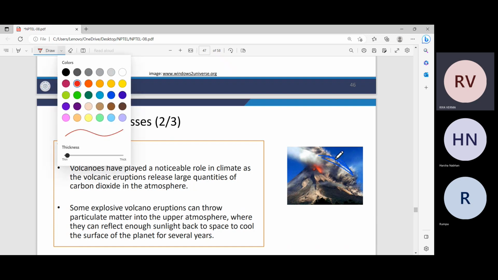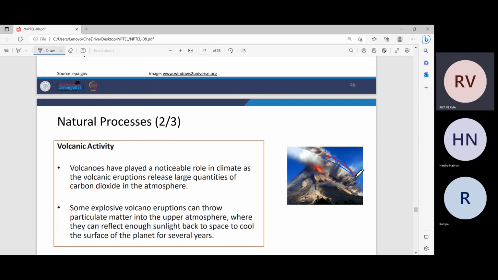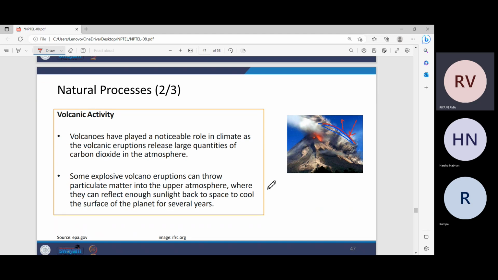Whatever sunlight is coming, they reflect it and do not let it come towards the lower atmosphere. So they have a cooling effect on the planet.